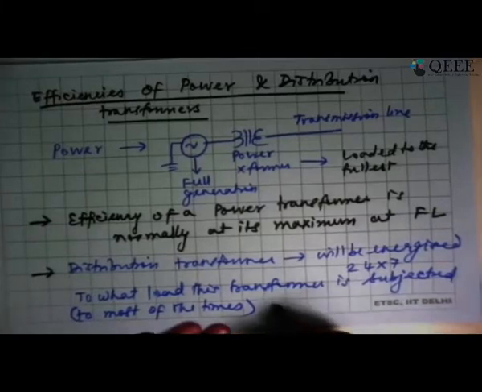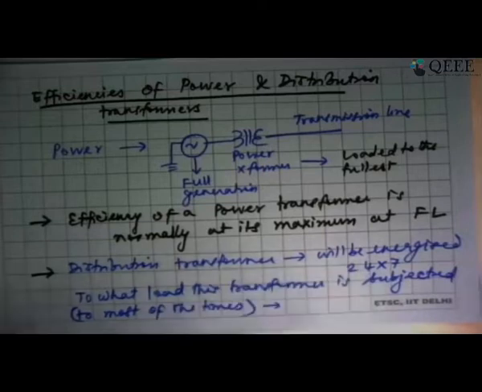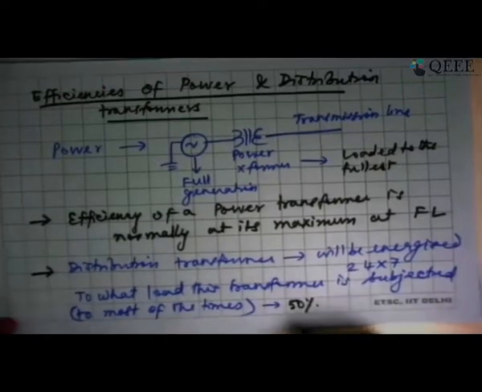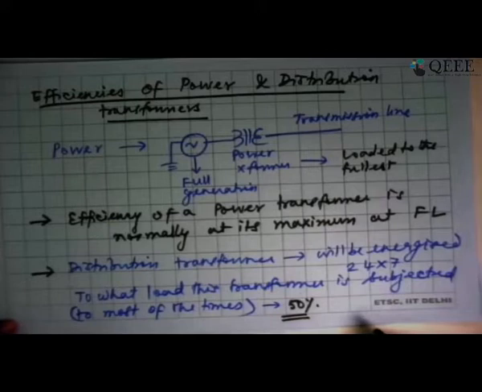So if most of the time it is subjected to, let us say, 50%, then I should design the transformer in such a way that at 50% load it has maximum efficiency. This leads us to the discussion on maximum efficiency. So let us look at the condition for maximum efficiency.